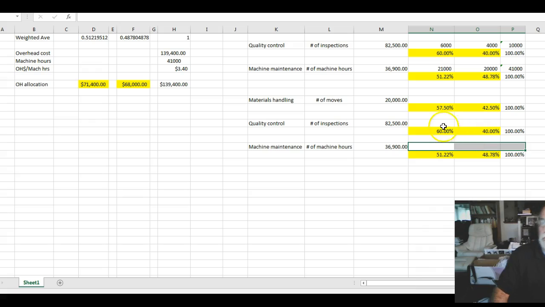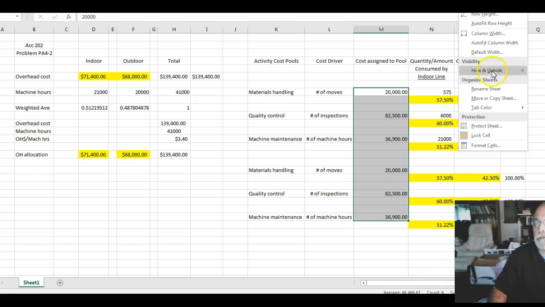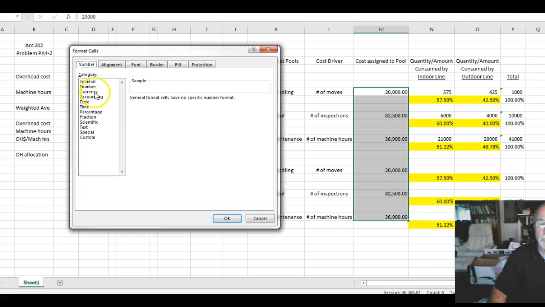Okay, and so we want to calculate the amount of dollars. Maybe I should add dollars here to this column of numbers.